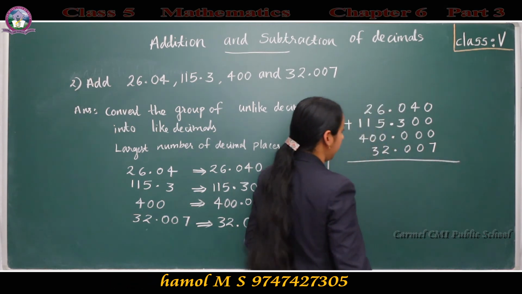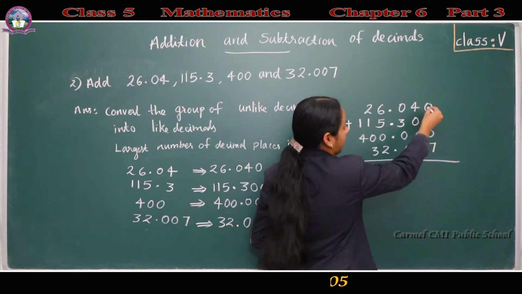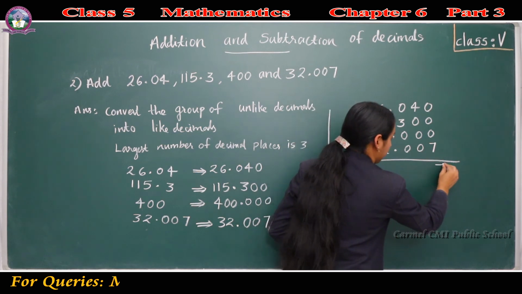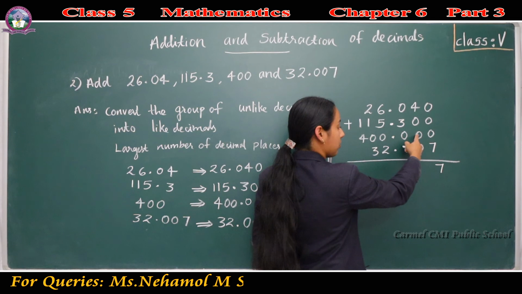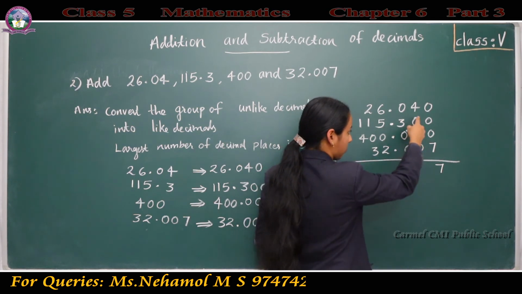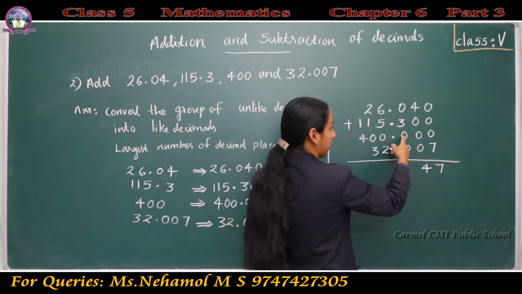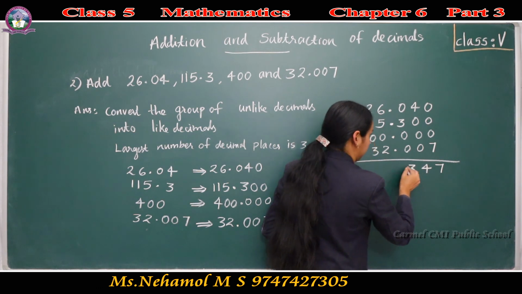We can directly add these numbers, ignoring the decimal points. 0 plus 0, 0. 0 plus 0, 0. 7. Then 4 plus 0 is 4. Here is also zeros. So by adding we will get 4. Then 0 plus 3 is 3. 3 plus 0 is 3. Again 0. So answer is 3.